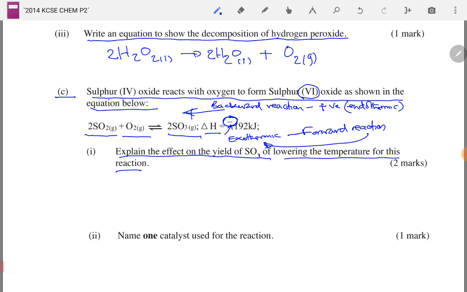Now, the effect is the yield of sulfur 6 oxide increases.